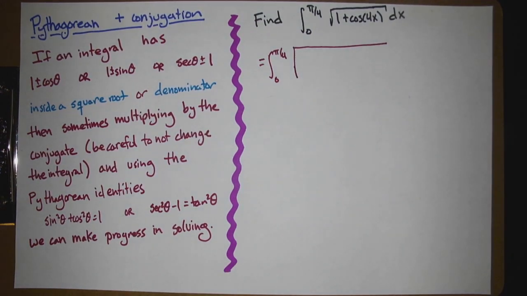Now, when you multiply by the conjugate, what do you need to be careful of? Or what do you need to make sure to do? Any thoughts? We multiply by the conjugate.